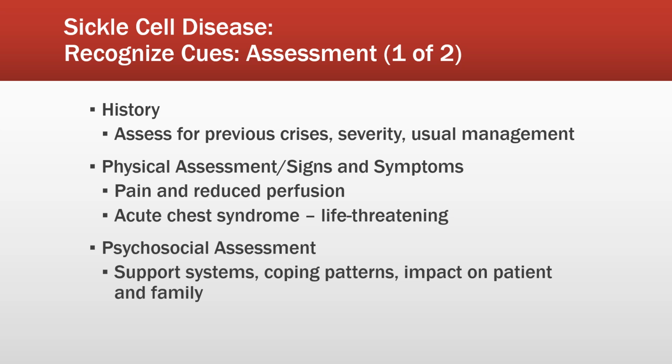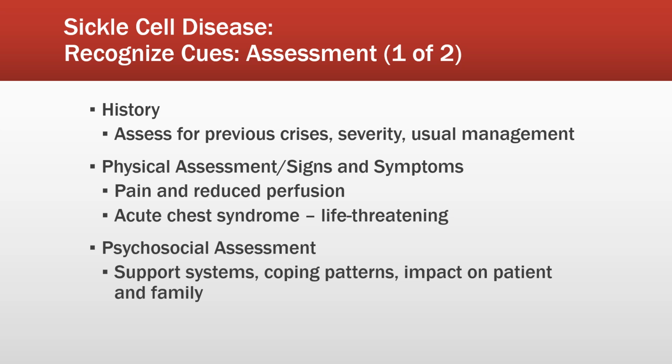Now, other signs and symptoms or cues that we may see with sickle cell: they are at high risk for heart failure. That's an important fact. They're going to have fatigue, shortness of breath, anything that you can think of that is the result of low perfusion or low oxygen to the cells and to the organs.